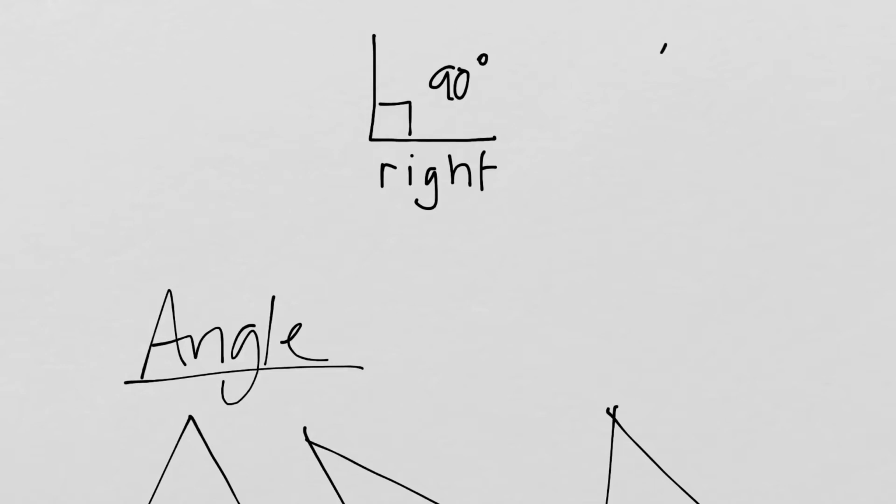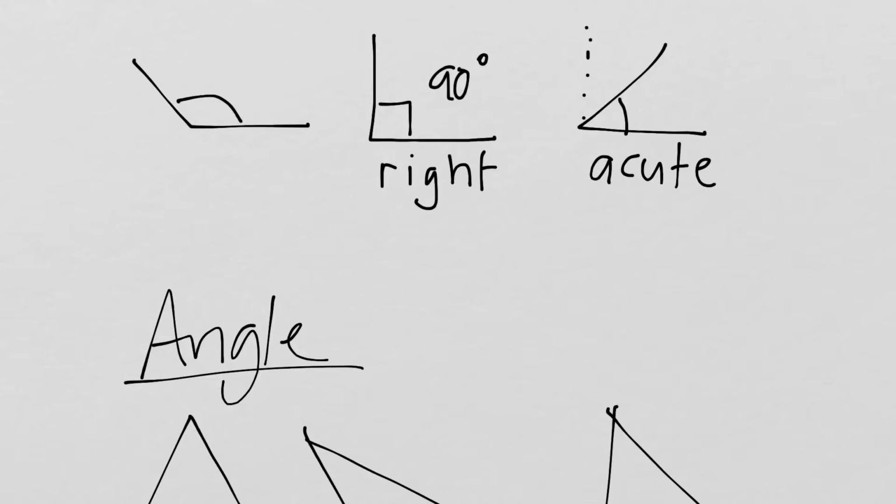If it's less than 90 degrees, so say it's like that, so 90 degrees would be up here, it's less than 90 degrees. This is called an acute angle. On the other hand, if you have one that is more than 90 degrees, here's 90 degrees and it's more than that, this one is called an obtuse angle.